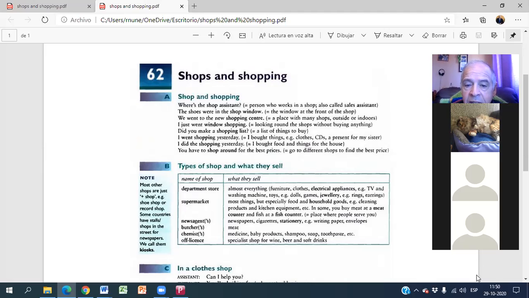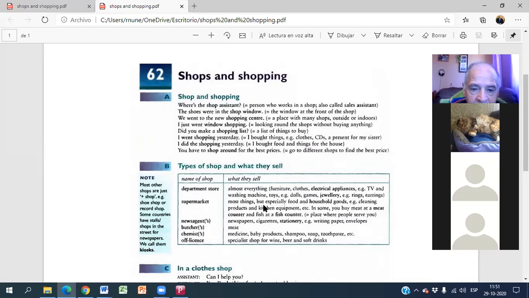For example, rings, earrings, most things, but especially food and household goods. For example, cleaning products, kitchen equipment, etc. In some, you buy meat at a meat counter and fish at a fish counter. Place where people serve you, newspaper, cigarettes, stationery. For example, writing paper, envelopes, etc.